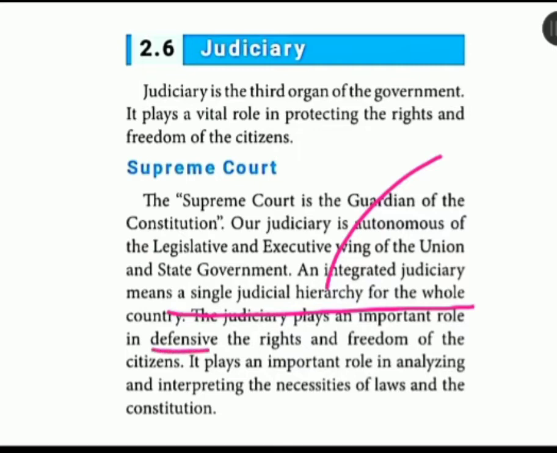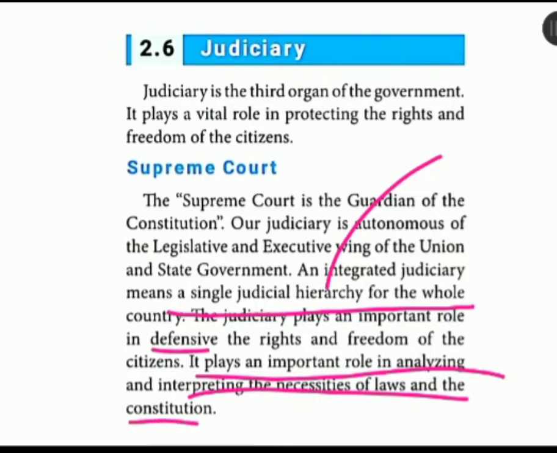Then the judiciary plays a very important role to protect, defensive means to protect the rights and freedom of the citizens. So which one is protecting the rights and freedom of the citizen? The judiciary. The Supreme Court is the guardian of the constitution, like that they are telling. So it plays a very important role in analyzing and interpreting the necessities of laws and the constitution.